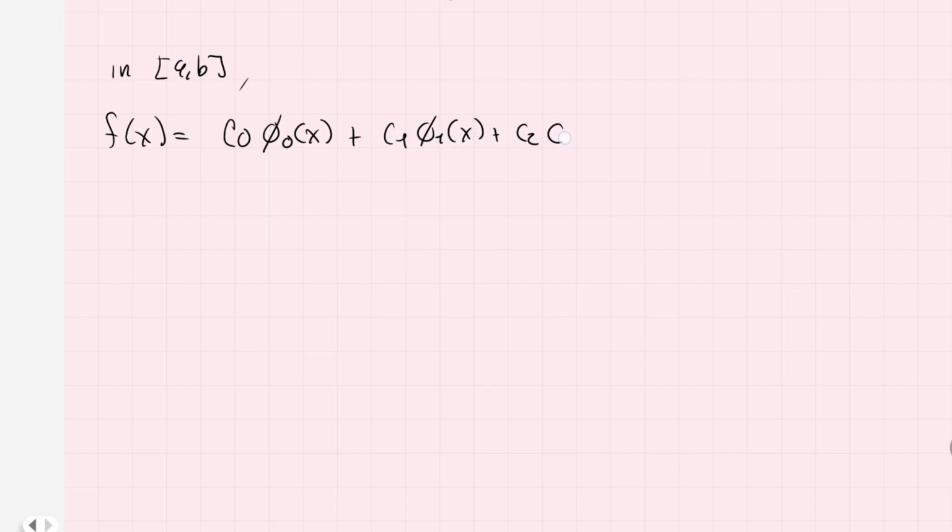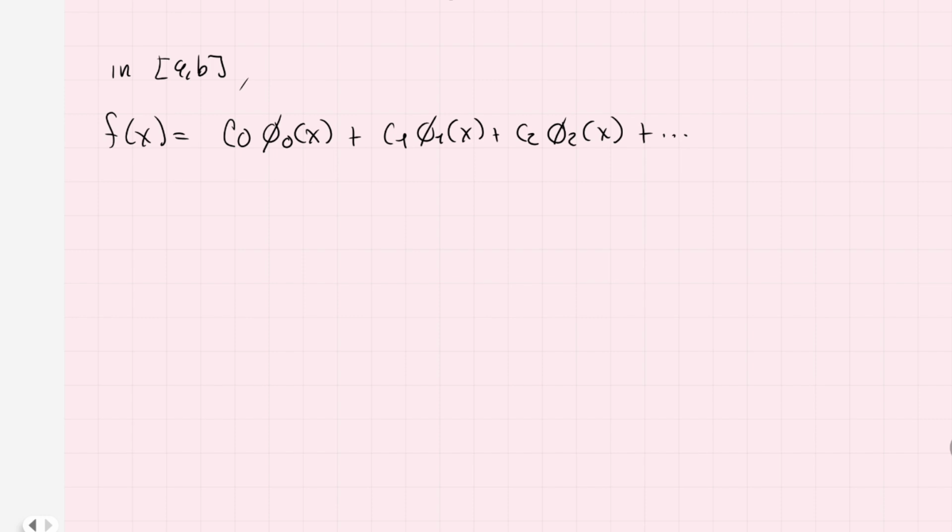For example, in the interval a comma b, we can define a function f of x that will be equal to a linear combination of orthogonal functions: c0 phi0 of x plus c1 phi1 of x plus c2 phi2 of x, and so on and so forth to infinity.